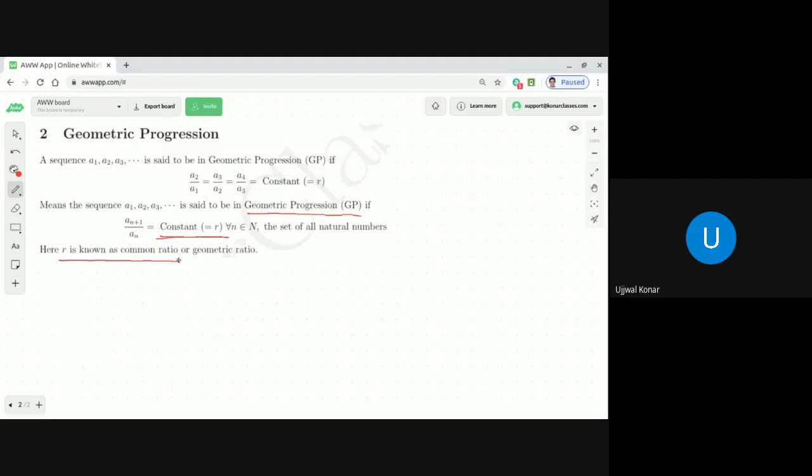So dear students, in case of geometric progression, there are two important terminologies. One is the first term, that is A, like in arithmetic progression, and another is the common ratio R. If you make an analogy with arithmetic progression, there you found the common difference, correct or not? And here you find the common ratio.